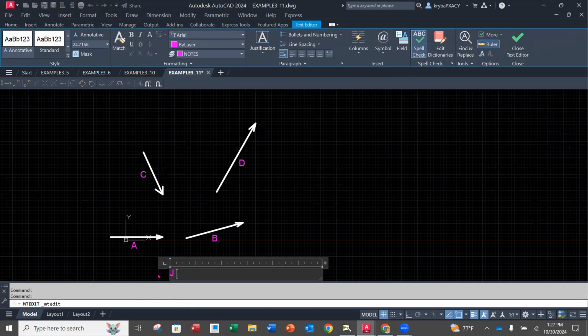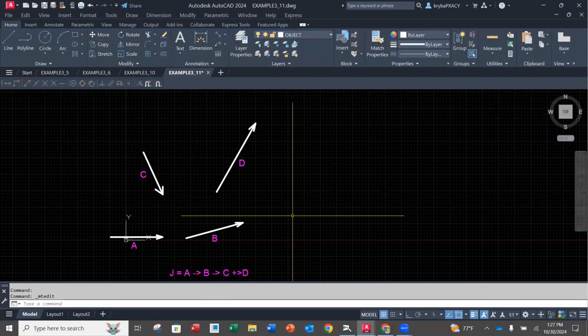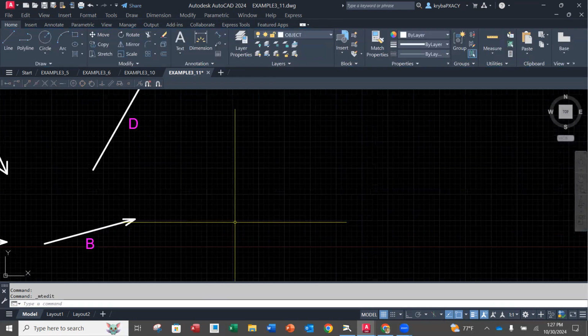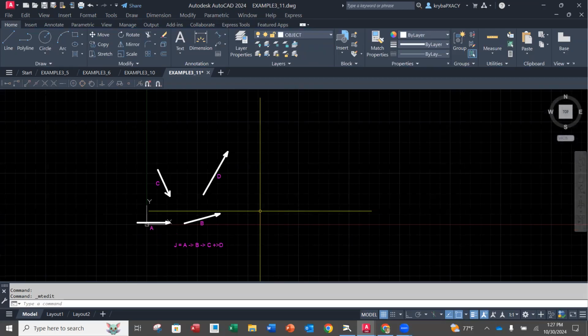And they're calling their resultant J is equal to A minus vectorially, and make sure that you always use that greater than symbol, B minus vectorially C plus vectorially D. Okay, and that's going to be the order and the direction that we have to do each one in.